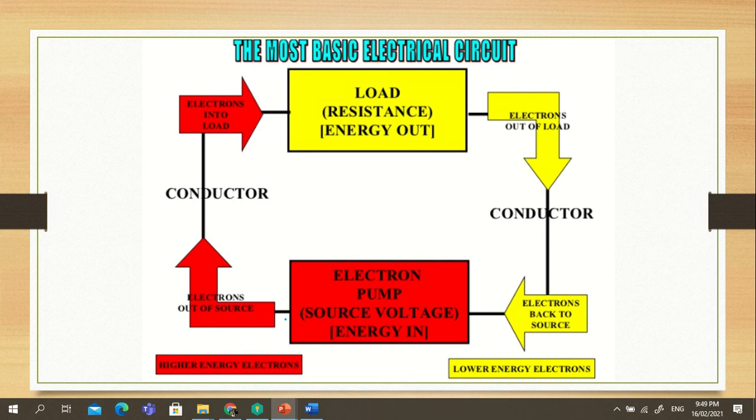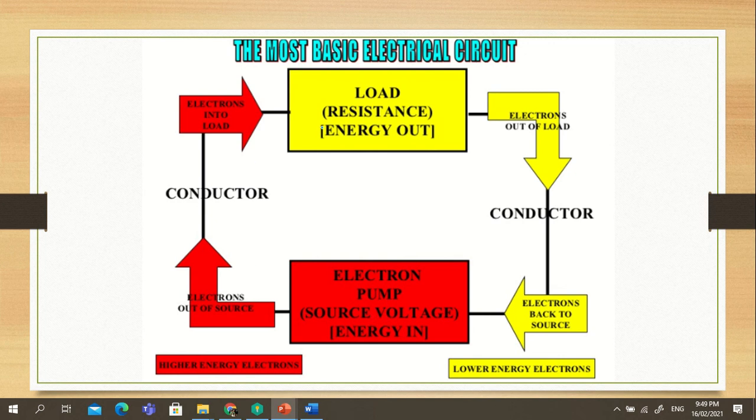The electrons will flow in the conductor into the load. Load resistance means energy out. In this load, energy will be getting out in the form of heat, light, or motion. Then we have electrons out of the load, passing through a conductor, and electrons back to the source.